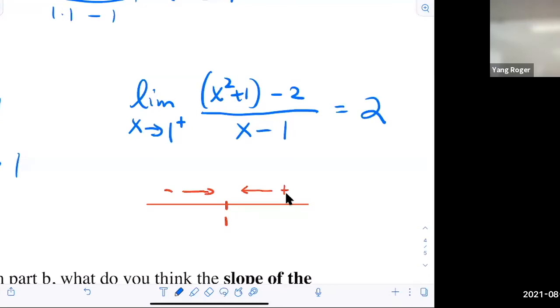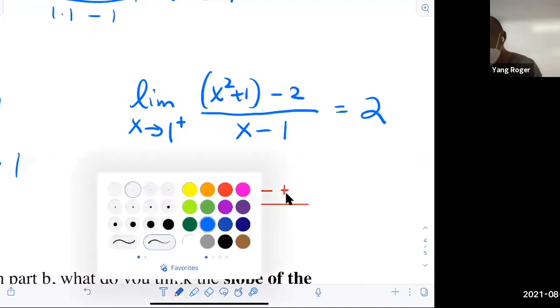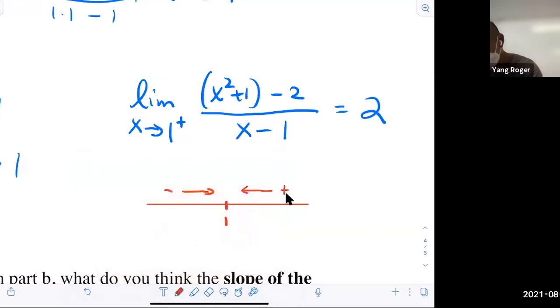So I should write this on my paper here. If you come from the left, we're plugging in 0.9, 0.99, 0.999, 0.9999.